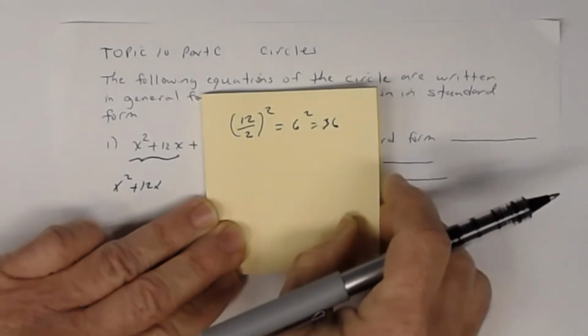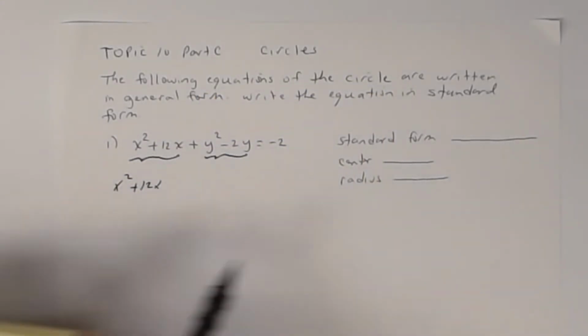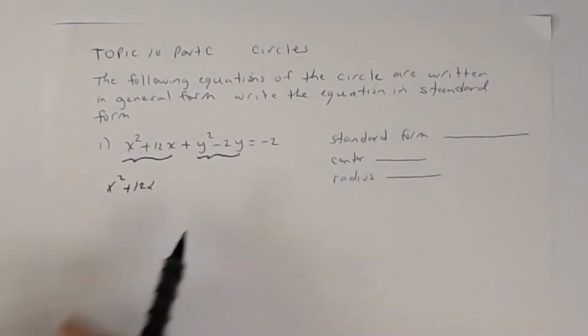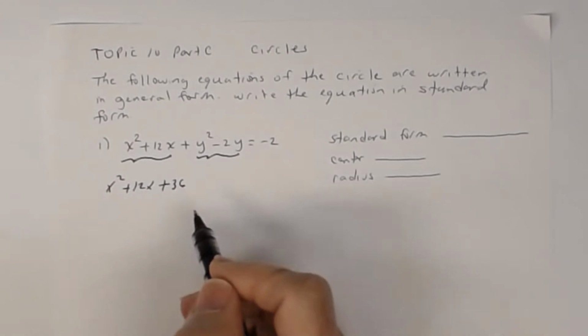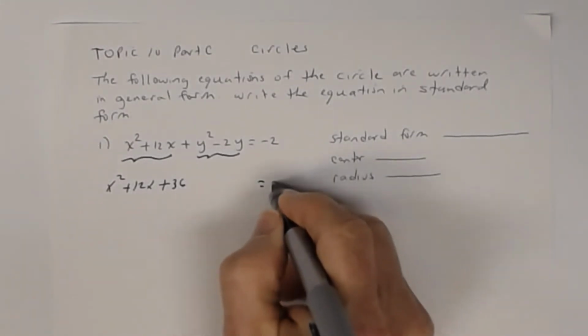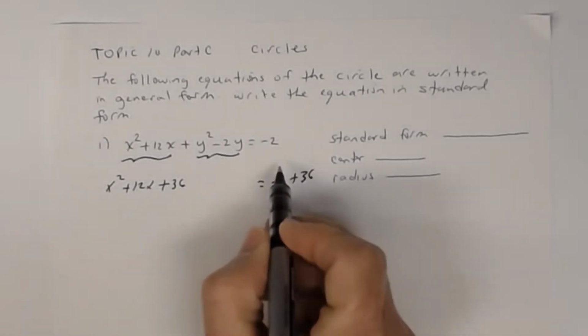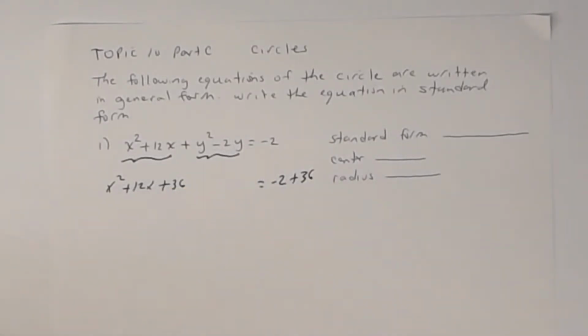So what's happening now is this. If I rewrite this part here, covering this up for right now, you're going to say plus 36, just like you did with quadratic equations, but what you do to one side, you have to do to the other. So negative 2 plus 36, so plus 36 on both sides.